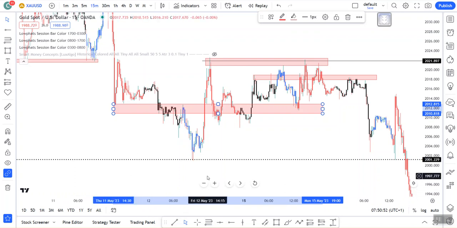So with that said, we just need to understand that these zones whereby the US high and the US low, there is most likely to be a reaction in another US session.